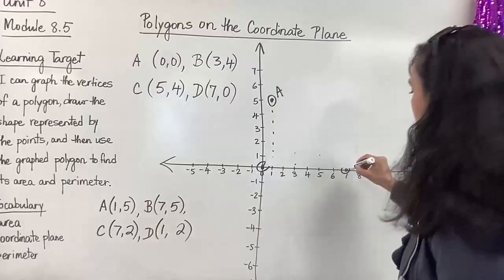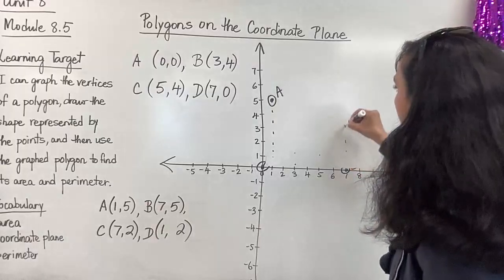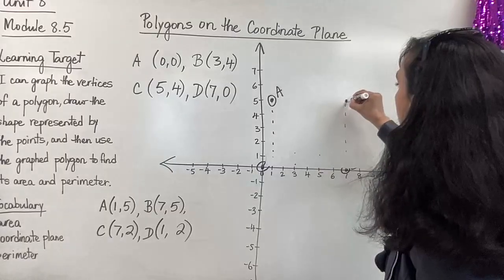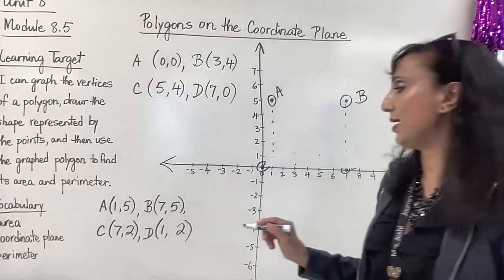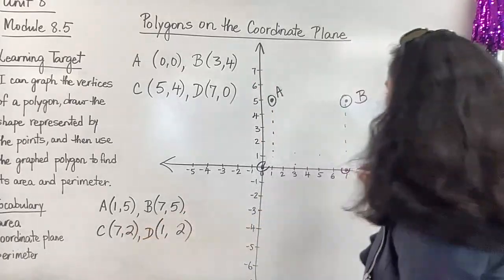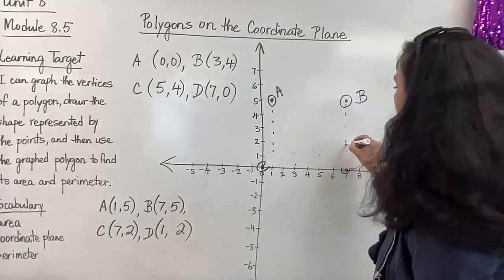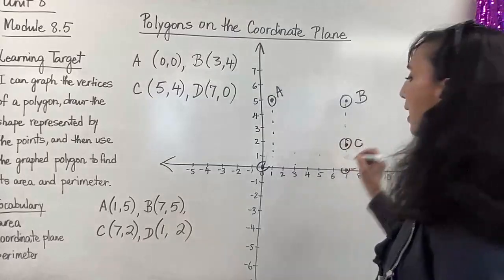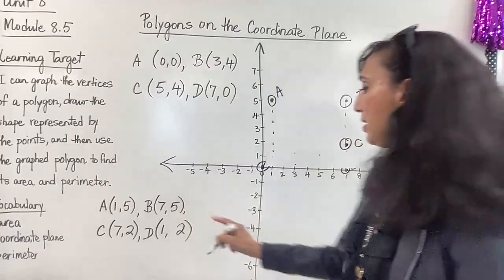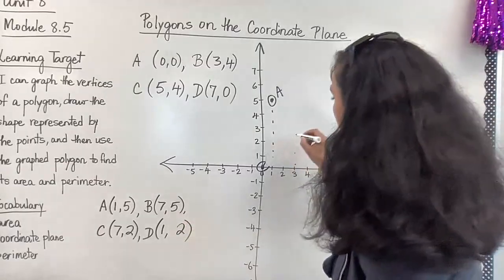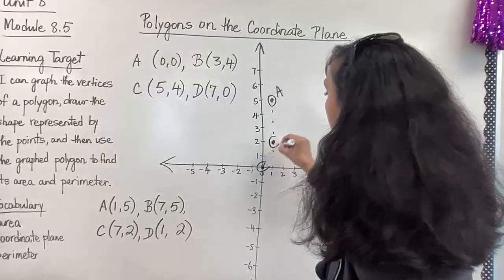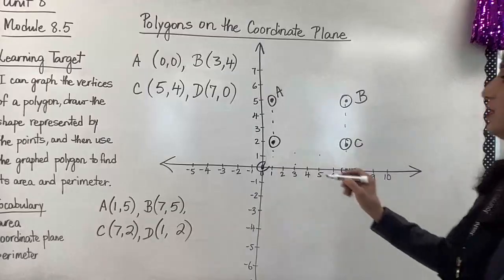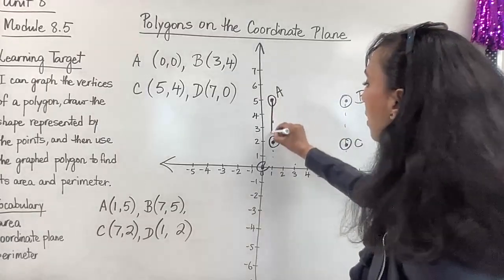So B is 7 and we are going all the way here. So this is B. C is 7, 2. So 7 and 2, this is C. And D is 1, 2. So this is 1, 2 over here. Now, once I have this, I'm going to connect the dots.